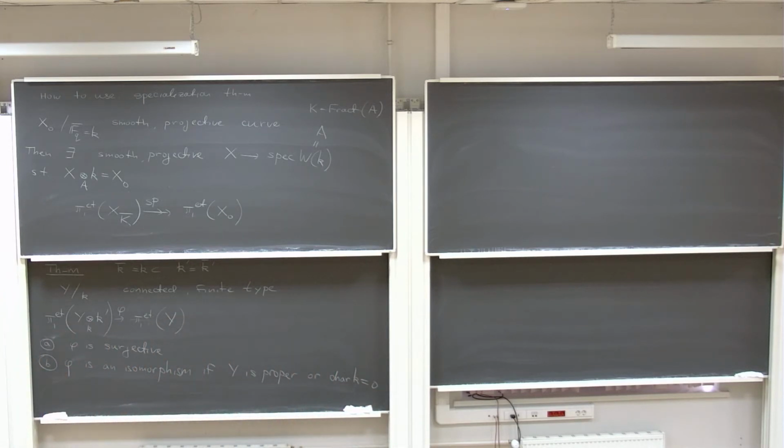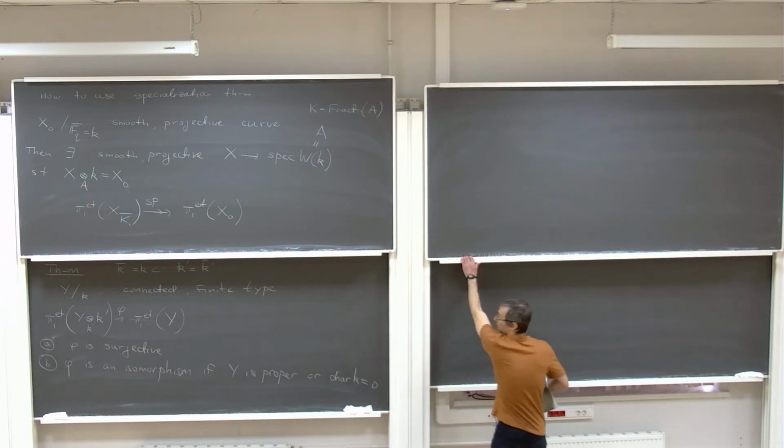So, part A and half of part B was in the homework assignment, and I plan to discuss this today. The fact that phi is an isomorphism for proper schemes in characteristic p requires another idea. I will defer this proof for later.